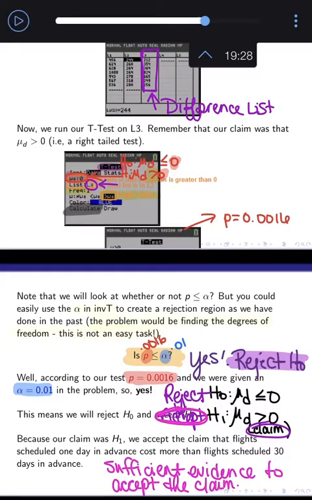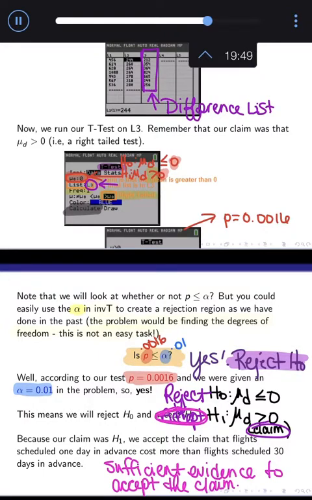Now, we just did the p-values approach, but you could do rejection regions. Remember, if you're using rejection regions, what you have to do is take your alpha and put that as the area in your tail, or tails if it's two-tailed.